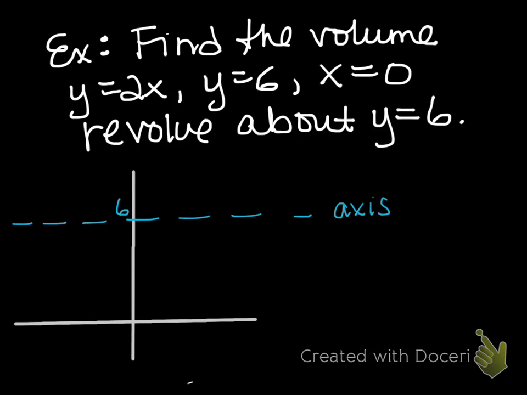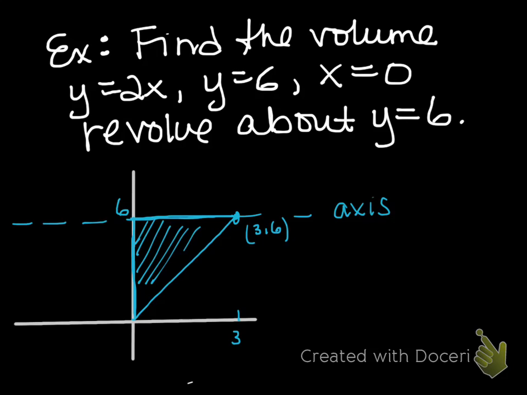We have the equation y equals 2x, so that's just a line, and we have an intersection here when x is equal to 3. The line y equals 6, so the actual axis is also a boundary. And then x equal to 0, our y-axis, is our third boundary. So the area in question is this triangle right here.